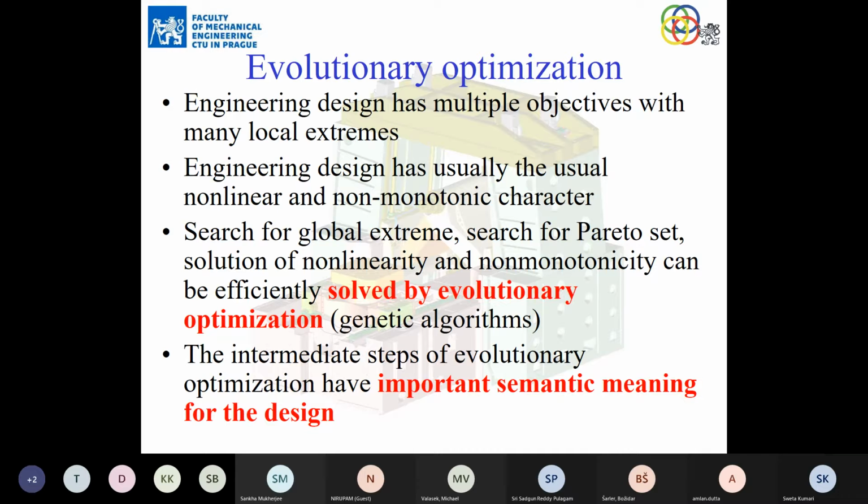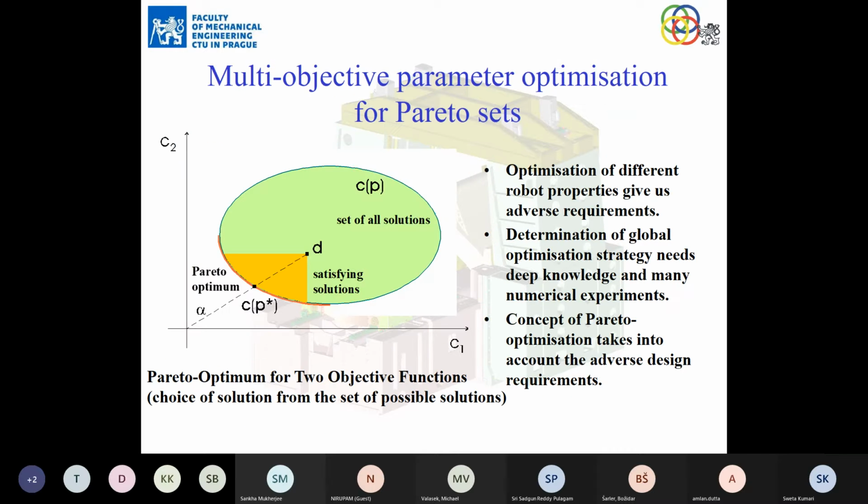So we are not throwing away the results of optimization because they have deep knowledge inside. In fact, we are trying to analyze the knowledge included in that, and in this way to gain new knowledge.